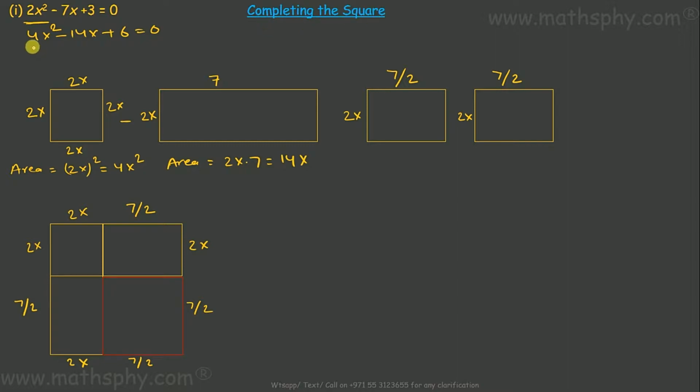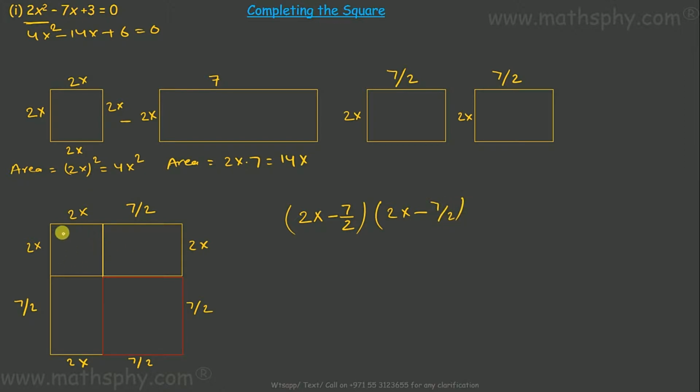Now let's go back to the question. It says 4x squared minus 14x. This is 4x squared, and the areas of these two rectangles put together give you 14x. We have to take off these two areas from the area of the square. So the new side would be 2x minus this length gone, 2x minus this length gone.